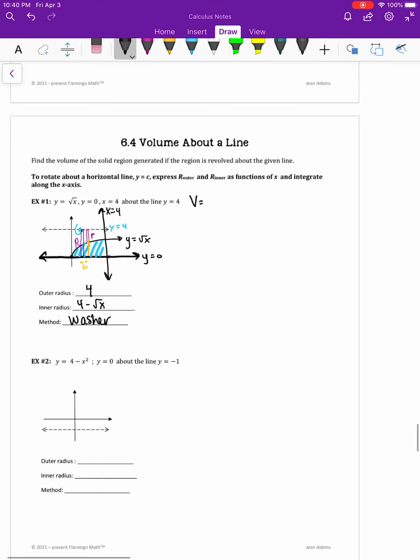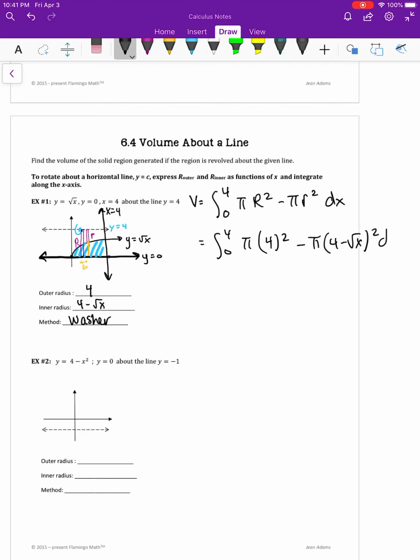We said we were going to use the washer method. So let's get busy trying to calculate our volume. We said it was x integration, so this is integrating from 0 to 4, pi big R squared minus pi little r squared dx. Integration from 0 to 4, pi 4 squared for our big R, outer radius, minus pi 4 minus the square root of x squared dx.